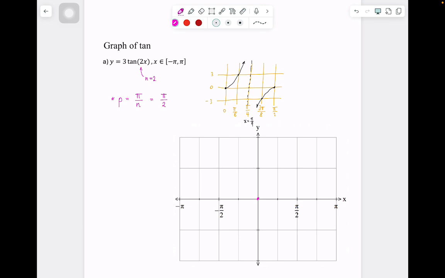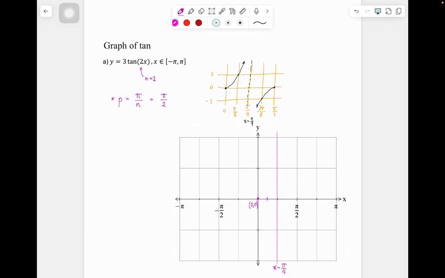Pi on 4 for our asymptote. As soon as you draw your asymptote line, write down the equation of the asymptote to prevent you from forgetting.